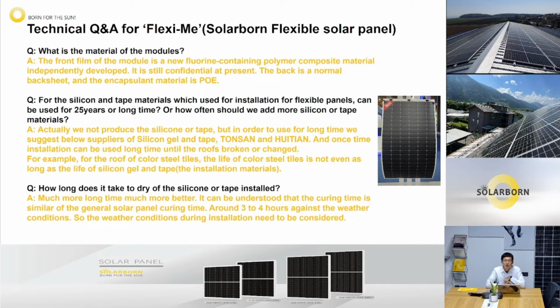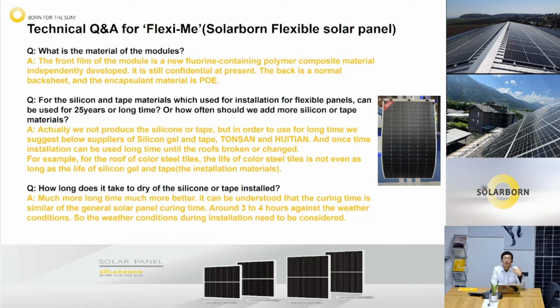The third question is how long does it take to dry all the silicone or tape installed? The longer the time, the better, because the silicone gel normally, for example, for the general panels which we produce in our workshop, we leave the panel in our curing workshop to stay for 3 to 5 hours.